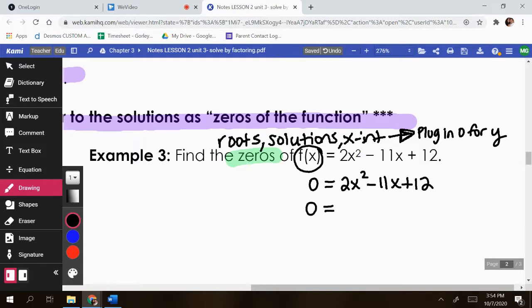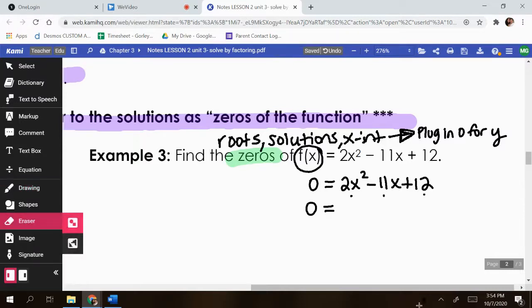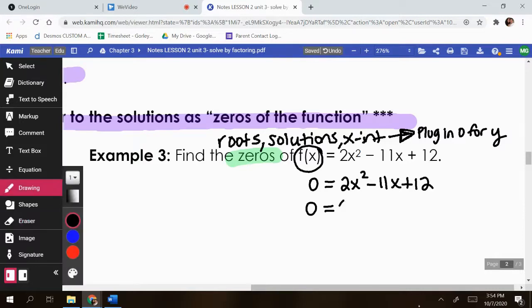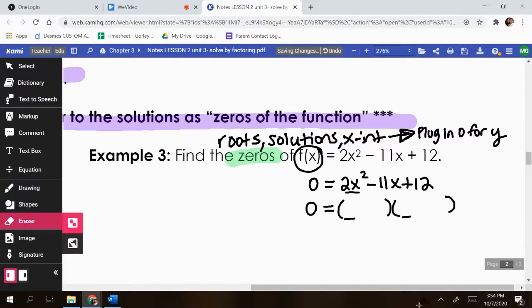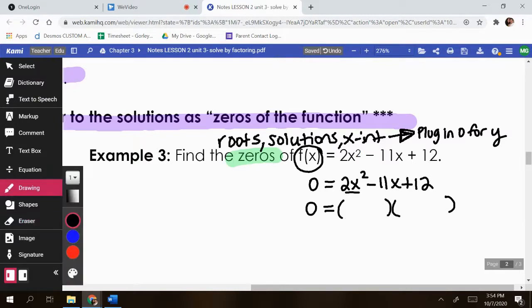Is there a GCF? It doesn't look like all of the terms are divisible by 2. So there's no GCF. Okay, so I'm going to set up my parentheses. What times what gives me 2x squared? That would be 2x times x. What times what would multiply to give me 12? There's a couple things: 1 and 12, 2 and 6, 3 and 4.